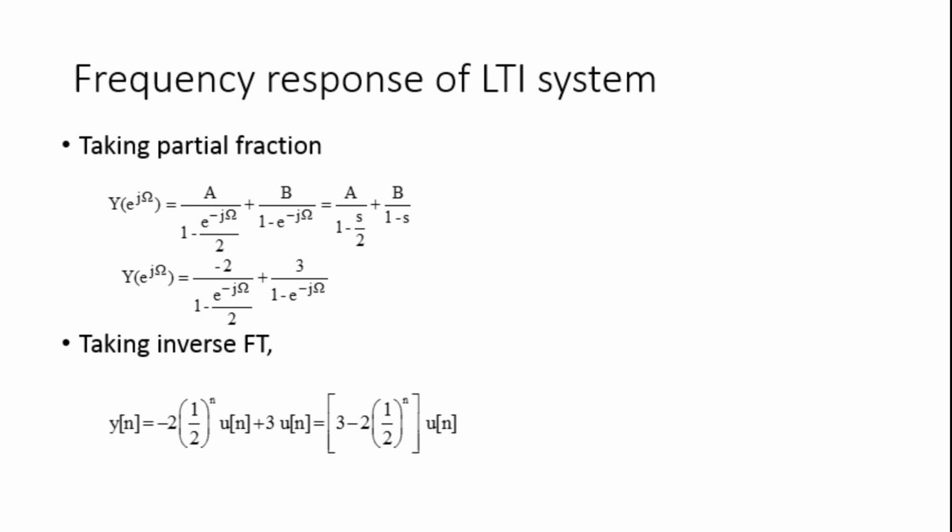Taking inverse Fourier transform of the above equation, we get y of n is equal to minus 2 into half to the power n into u of n plus 3 into u of n, which is equal to 3 minus 2 into half to the power n into u of n.